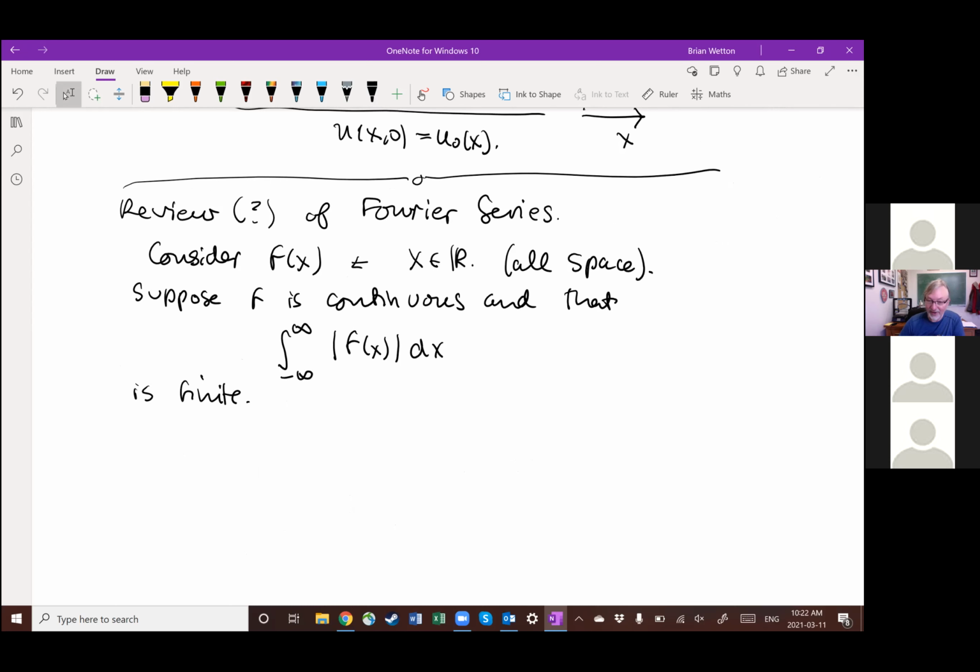Then I can define the Fourier transform. Okay, so the Fourier transform is another function.